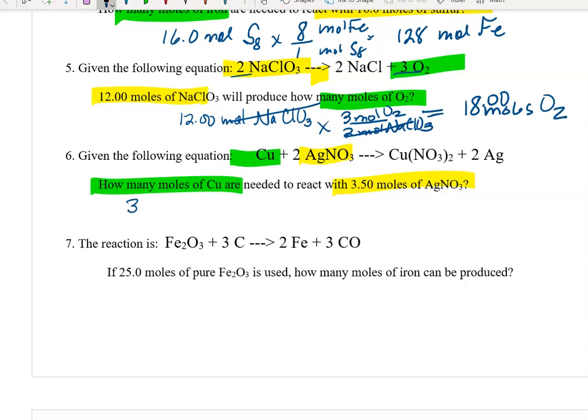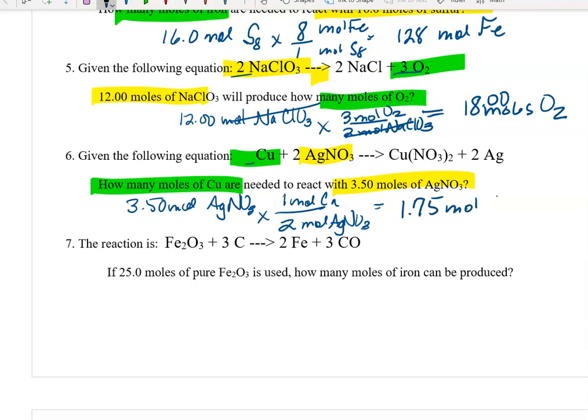So if we start with 3.50 moles of silver nitrate, and we multiply by our unknown, which is 1 mole of copper, over our known, which is 2 moles of silver nitrate. 3.5 divided by 2, don't judge me because I had to do it on a calculator, is 1.75 moles of copper will be required.